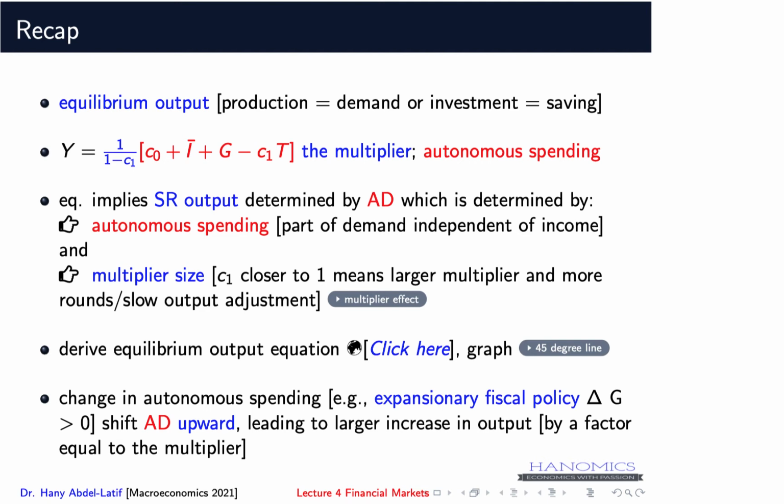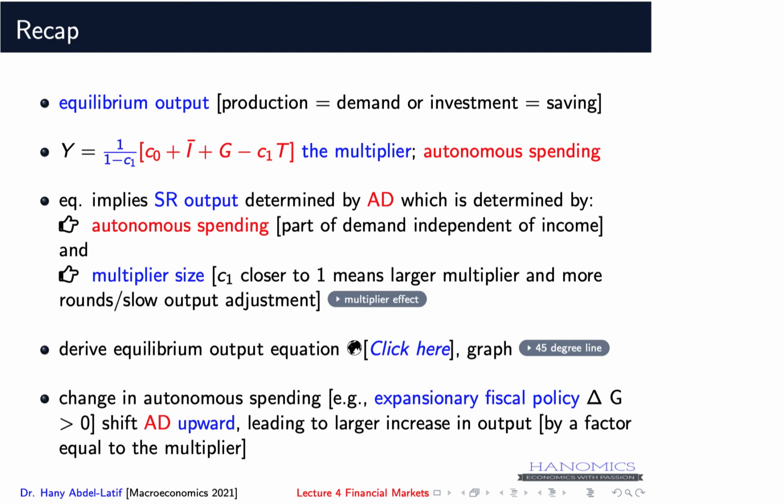This is what we reached here: Y equals 1 over 1 minus C1, times autonomous spending. Again, C1 here is the marginal propensity to consume, so 1 over 1 minus C1 is the multiplier, and we explained what that means. The red part here is the autonomous spending, which again means this is the part of demand that is not dependent on income.